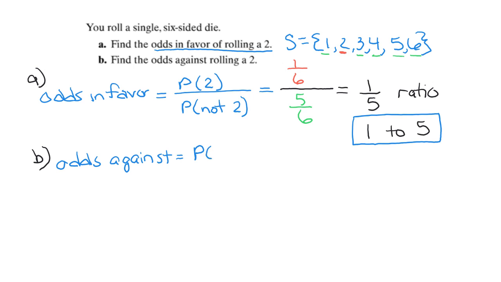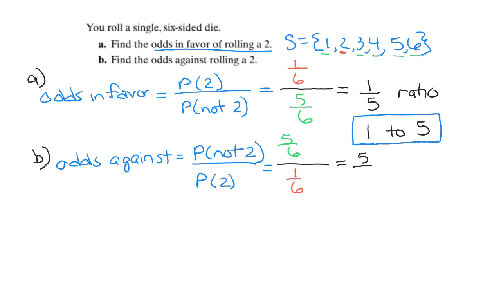Odds against, we do the probability of not rolling a 2 over the probability of rolling a 2. All right, so we had 5 over 6 divided by 1 over 6.